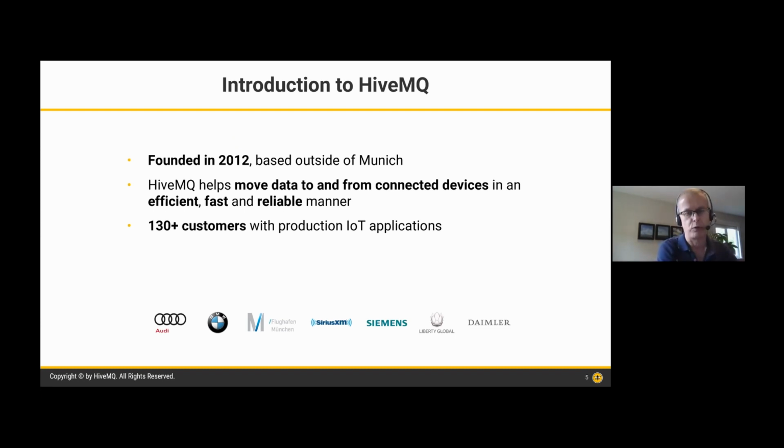Our core competency, or core values, is that we do that in a fast, efficient, and reliable manner. We'll talk a bit more about that near the end. We have lots of customers in production, and a number of good brand name customers from automotive OEMs to other manufacturing customers.